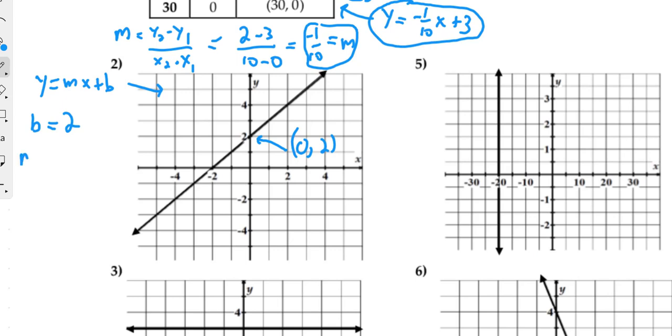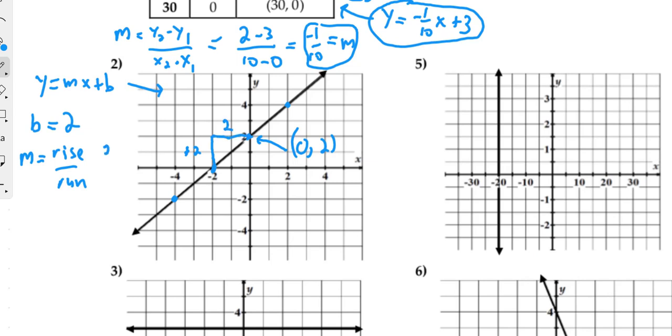And my m is the rise over run. So if I have 2 points that are on a corner, I can use any corner point. Let's see, I think this is another one. So how many units do I go up? I rise 1, 2 units, so that's plus 2. And then I run, it looks like 1, 2 units.